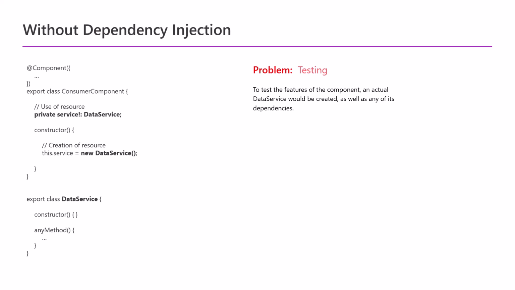We'd want to mock the data service during the testing of our component. But this implementation doesn't allow for that. It's going to create a real data service whenever we create an instance of the component for testing. So these are just 3 of the issues that we might face in using and creating a resource without dependency injection.